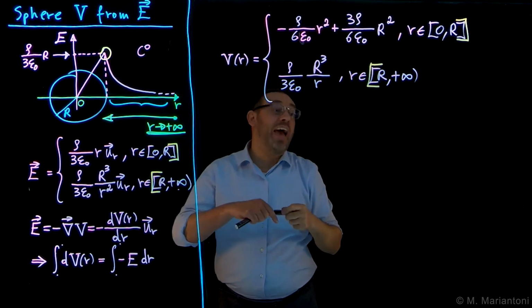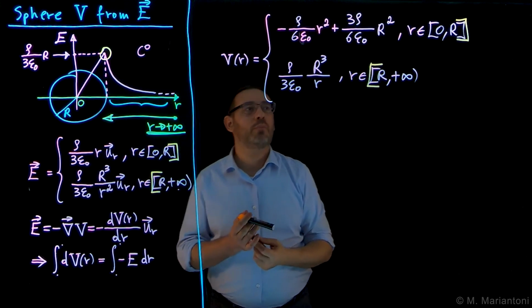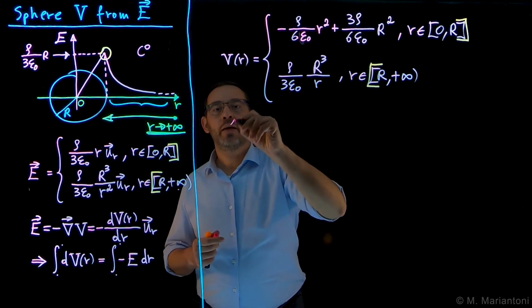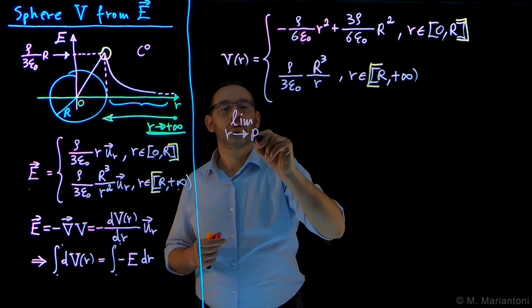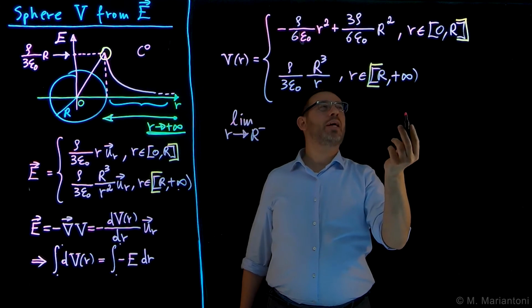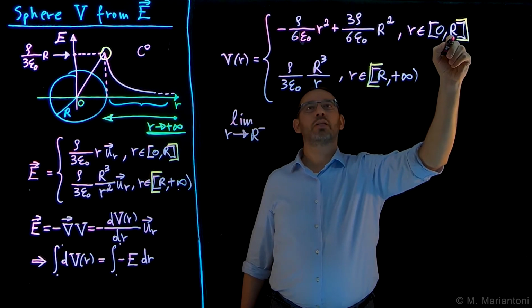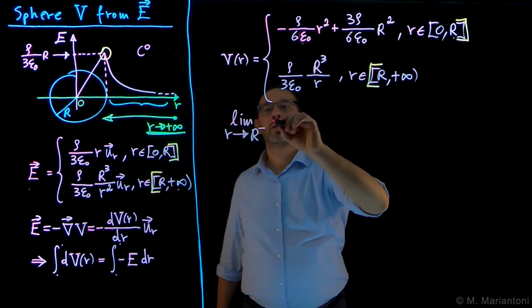In fact, let us perform as a sanity check formally the limit for small r that goes to capital R minus. Capital R minus means we are in this region, so we need to use this expression for v of r.